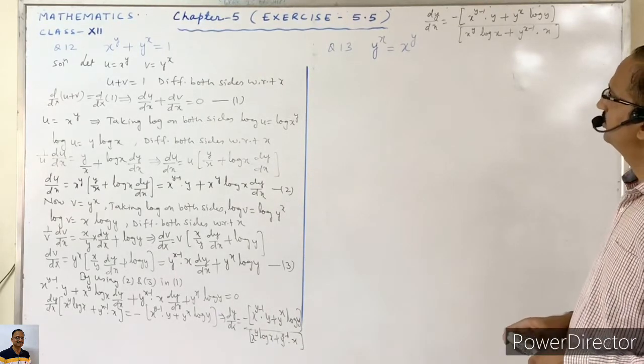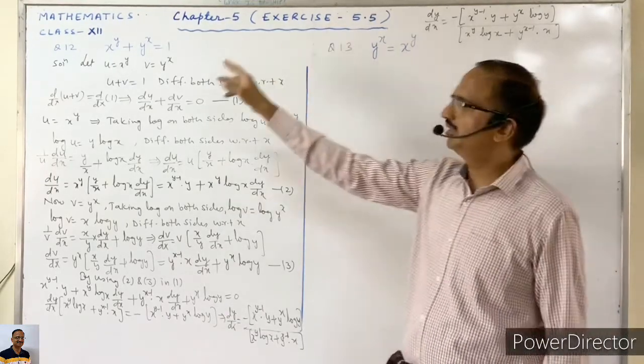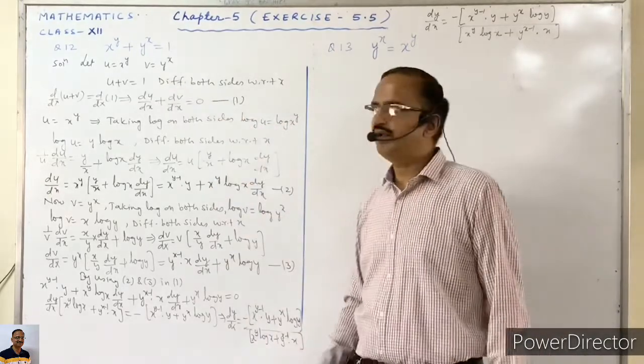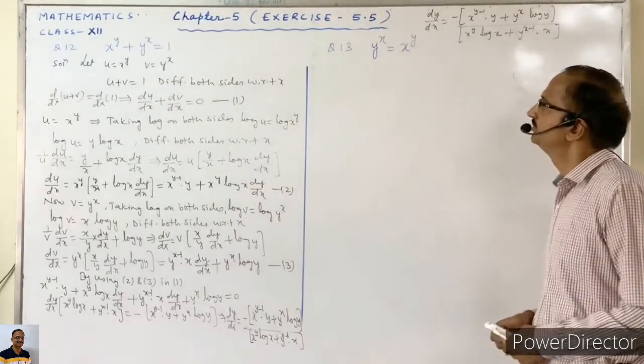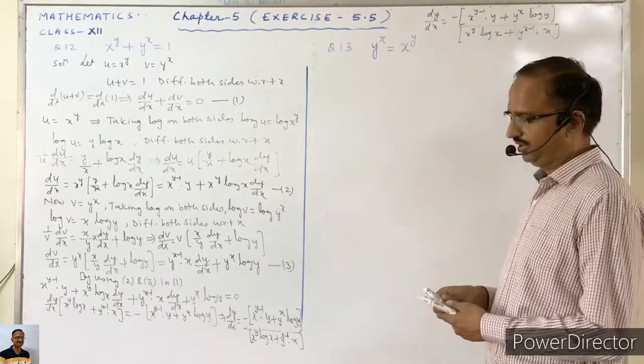Now come to question number 13. This is different from question number 12. In question number 12, we cannot use directly the logarithm. But in this, we can directly use logarithm.